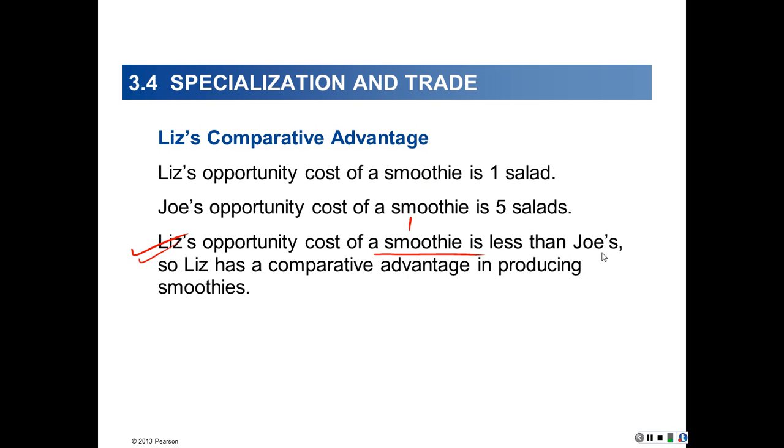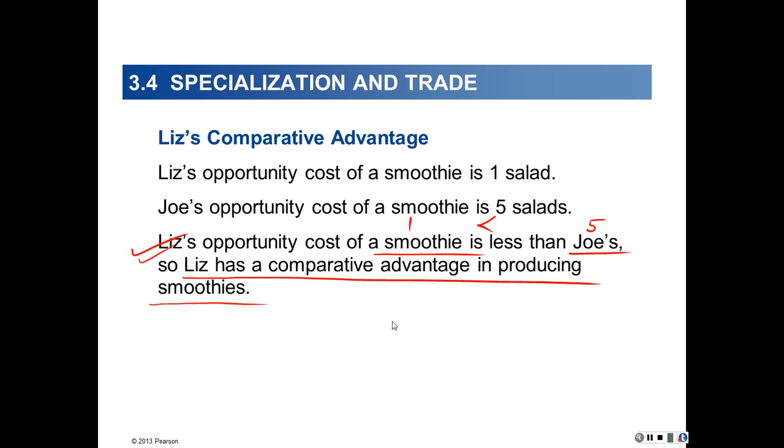And what is Joe's opportunity cost? 5. So which is smaller? 1 is smaller than 5. Is that right? Hence, we say that Liz has a comparative advantage in producing smoothies because Liz gives up less salads to produce an extra smoothie.